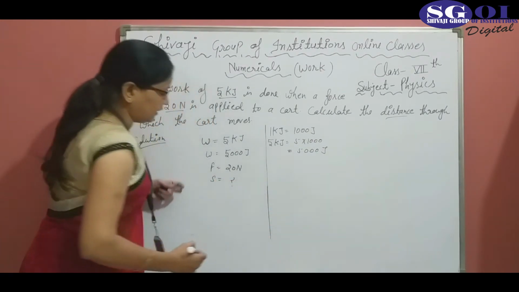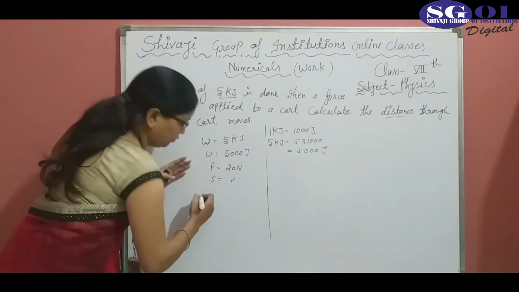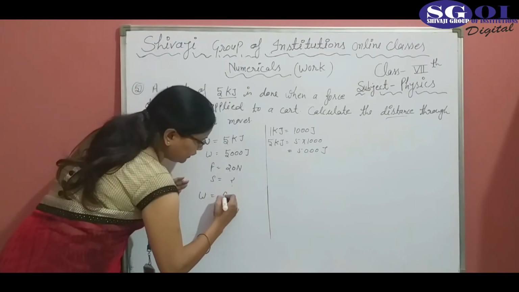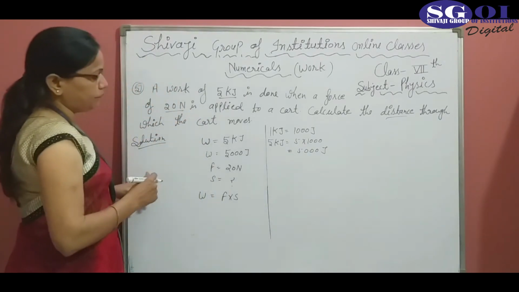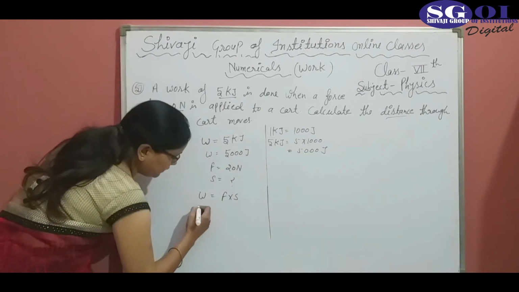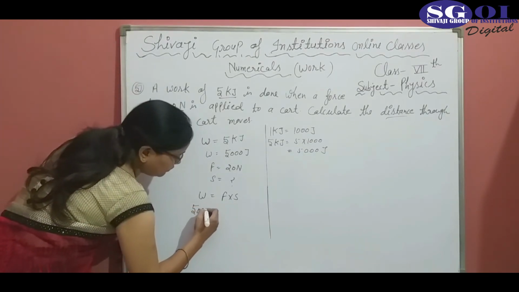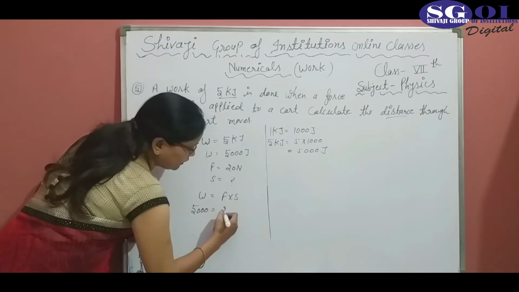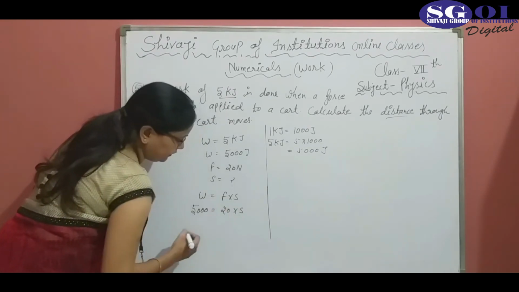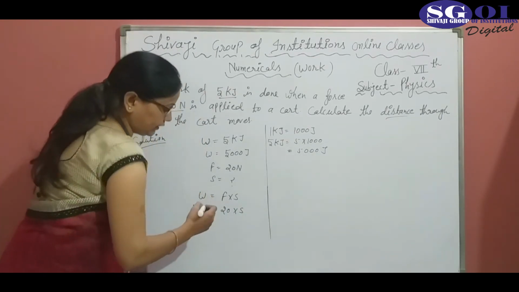Student, as you know that the formula of work done equal to force into displacement. Here work done is 5000, force is 20 and displacement we have to find.